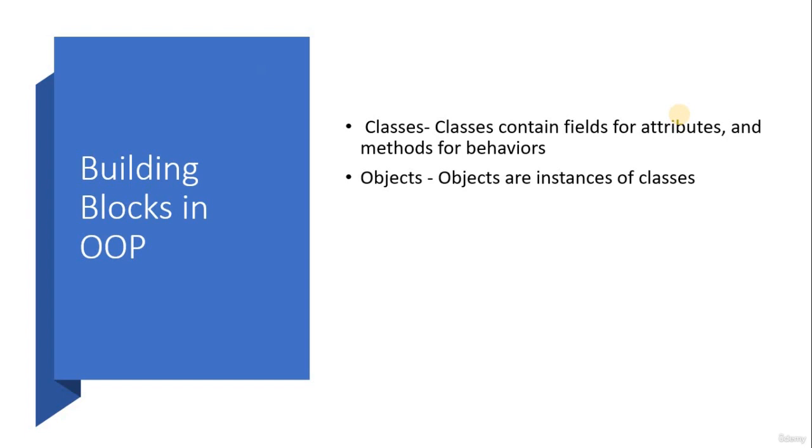Objects are instances of classes. When we say objects are instances of classes, it is true, isn't it? In the real world, for example, let's bring back the concept that we have in biology. In the animal kingdom, if we consider that as a class, we can take mammal as an instance of the animal kingdom.